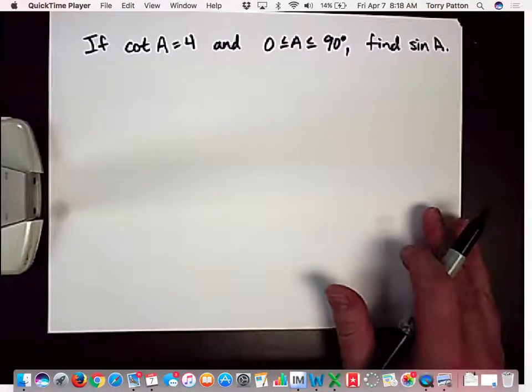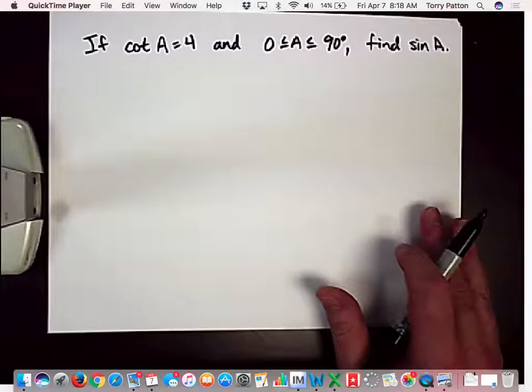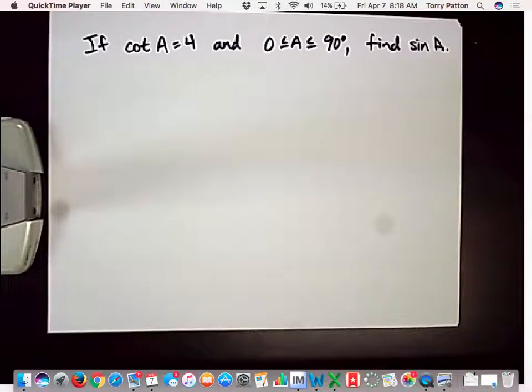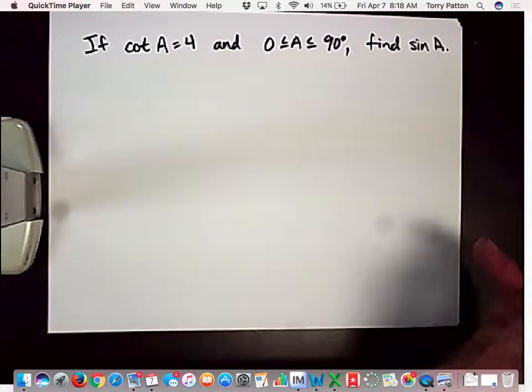So now there's two ways you can do this one. You know which quadrant it's in, right? So you could draw a triangle, make cotangent equal to 4. Cotangent is adjacent over opposite, so you could do 4 over 1. The Pythagorean theorem would give you the hypotenuse, and you could find sine of A really quickly. Okay? I'm going to do it the other way.